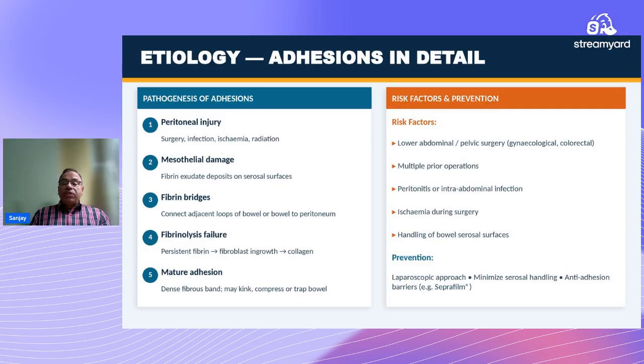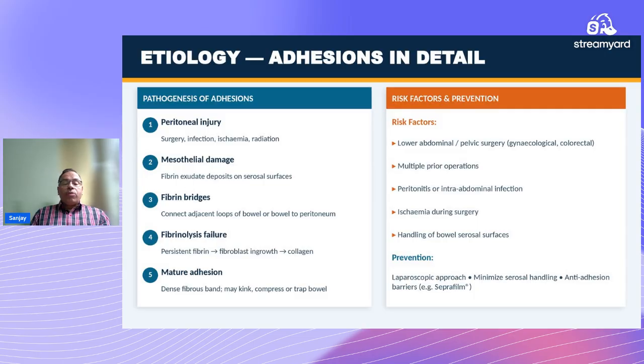Multiple surgeries or multiple prior operations is also an important risk factor. In a patient who has undergone multiple prior surgeries, you can expect development of adhesions. Any intra-abdominal infection or peritonitis would increase the chance of post-op adhesions. Similarly, any ischemic damage occurring during the surgery would also increase the chance.